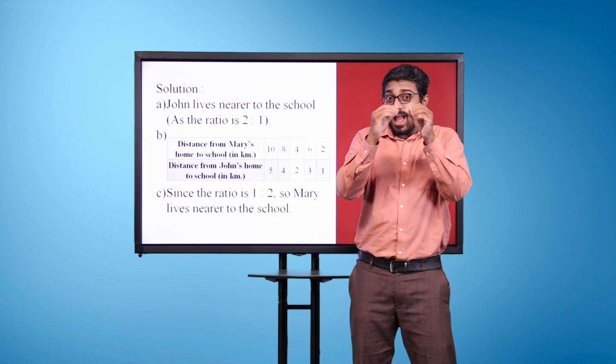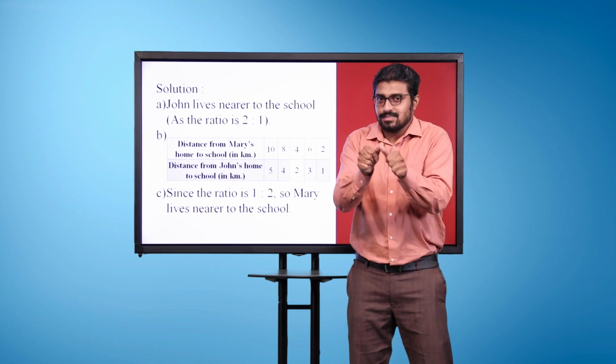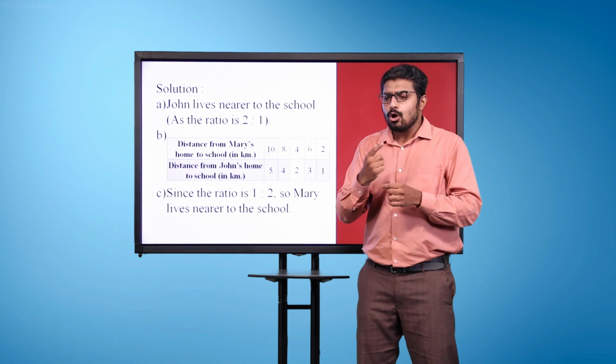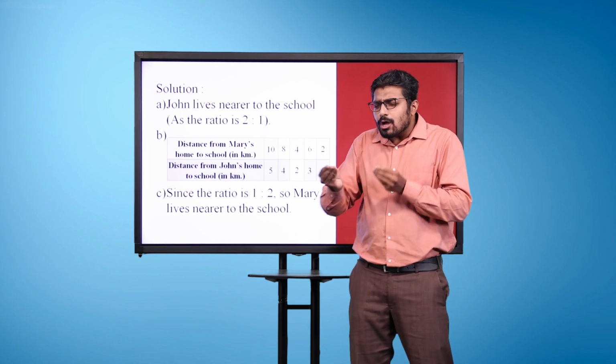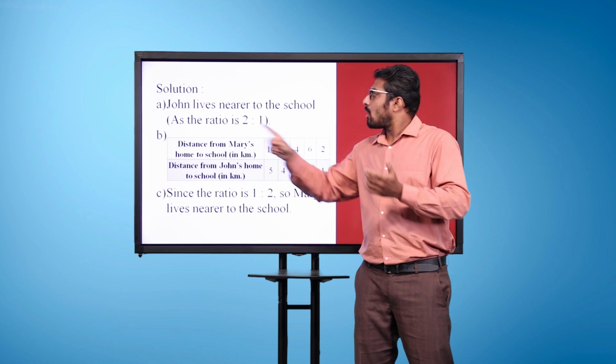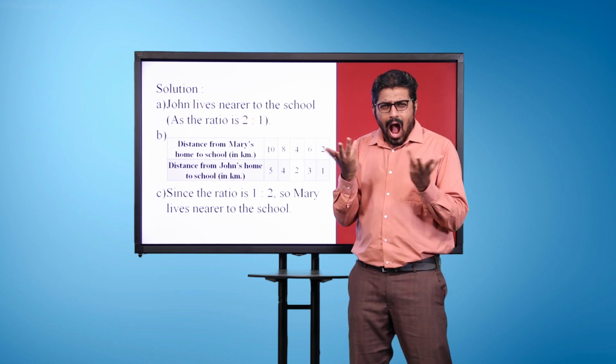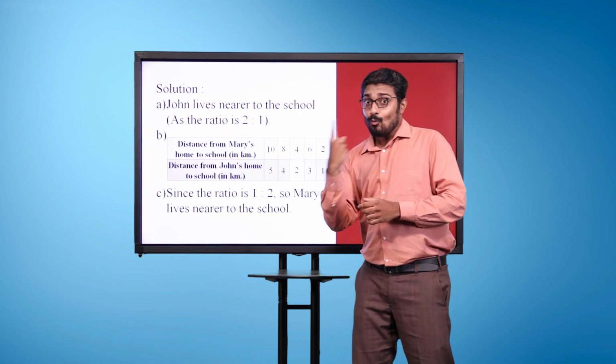Solution. A. John lives nearer to the school, as the ratio is 2:1.